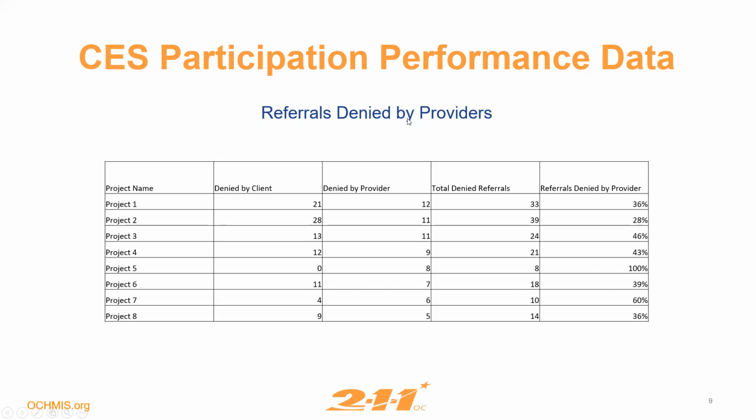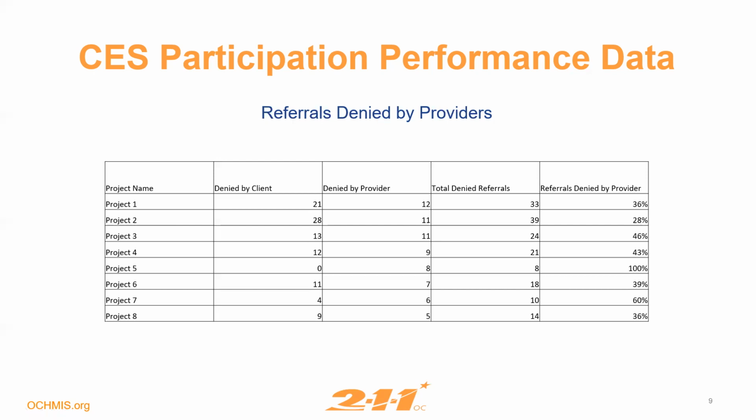Referrals denied by providers. This is looking at, again by project, the matches that were denied. Were they denied by the client or were they denied by the provider? And what percentage of the matches were denied by the provider?